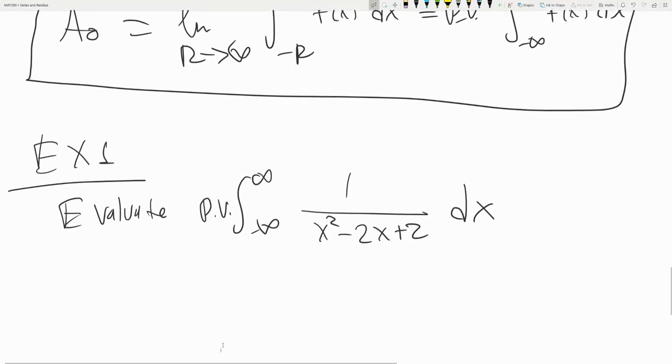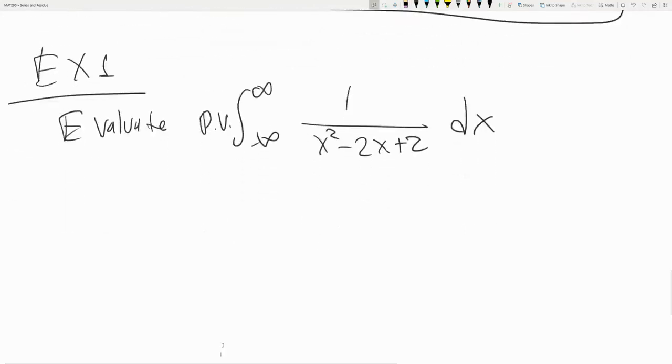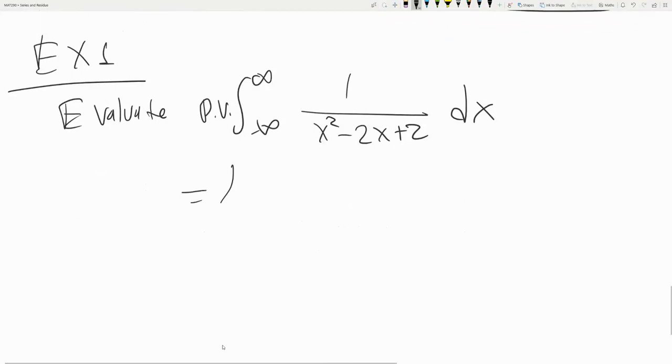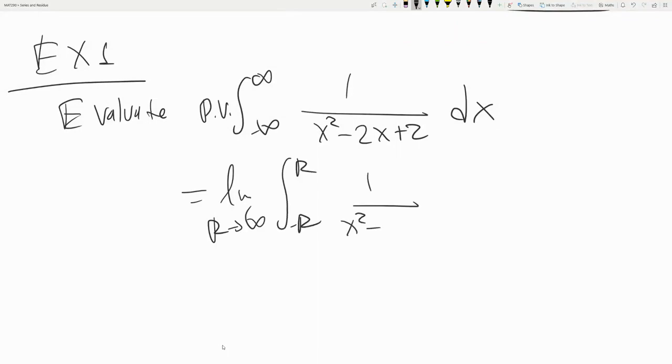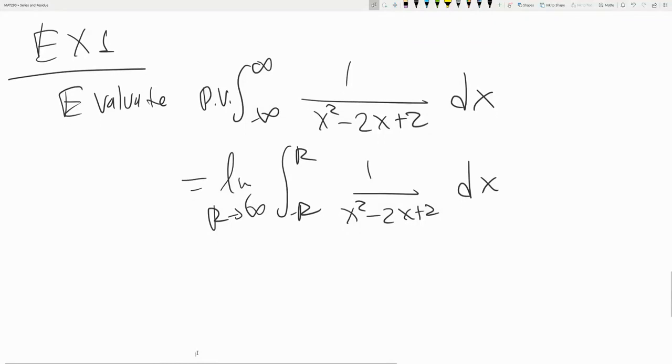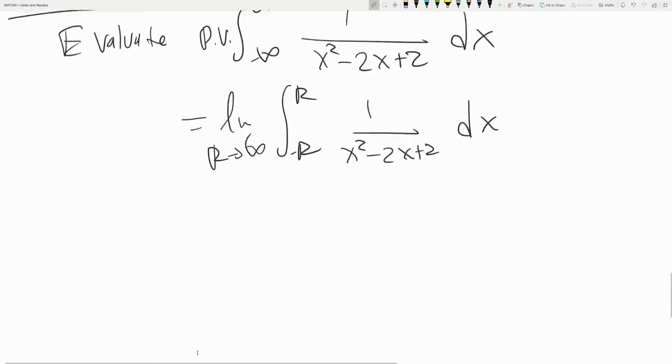Okay, that's good. So yeah, this one was the limit of this guy. All right, so let's look at the complex version of it.